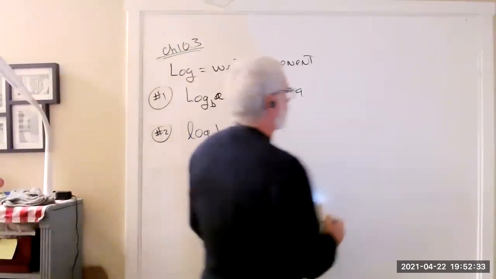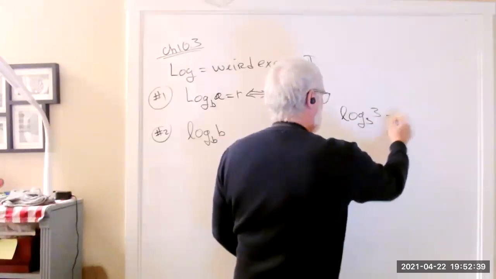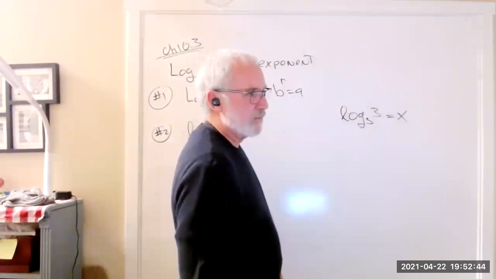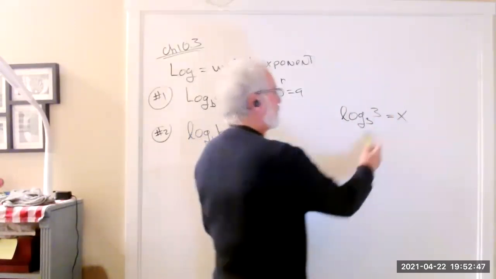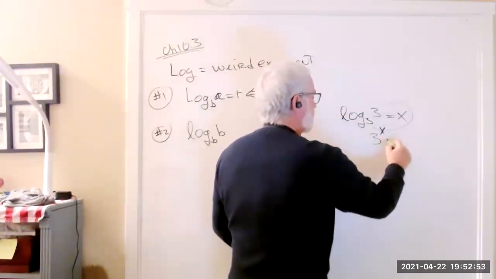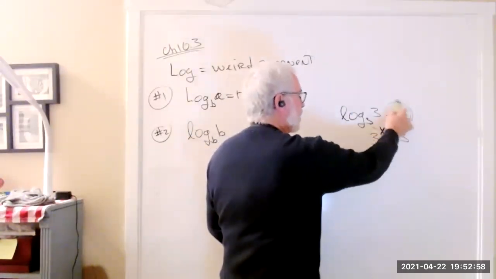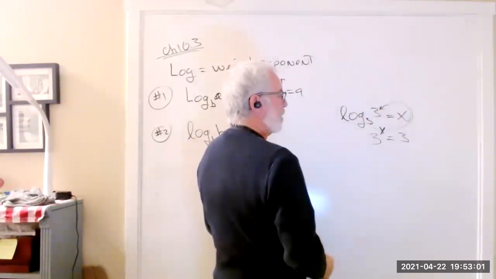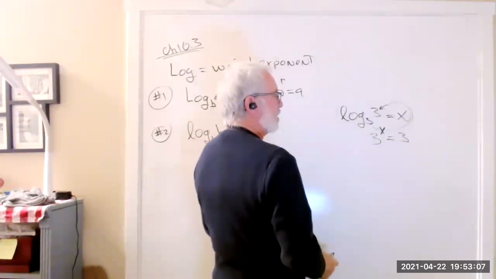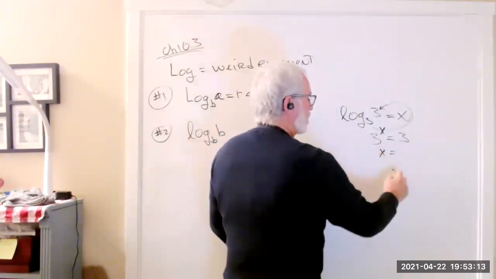Okay, so let's come over here to this for a second. What if I wrote log base 3 of 3 equals something? I don't know what. Convert it. This would be 3 to the x equals 3. Well, what's the only thing x can be? 1.